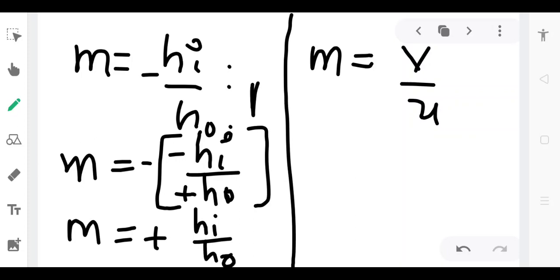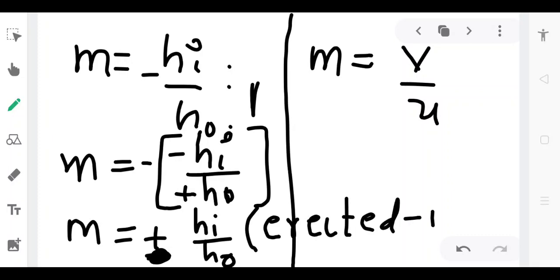So we got a positive value. When magnification is positive, what will the image be? The image will be erect, and virtual.